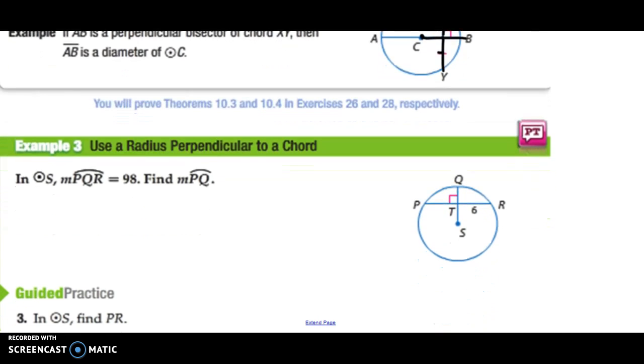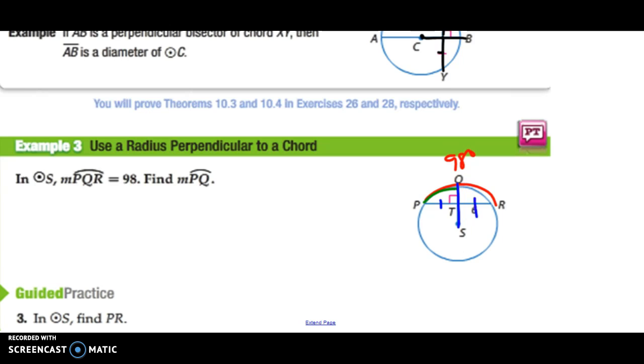Now, in this one right here, it says, in circle S, the measure of arc PQR, so this whole thing, go through all of it, is 98 degrees. Find the length of arc QP, or PQ right there, okay? Well, we just got done saying that if this is perpendicular, because it forms a 90-degree angle, this length is the same as this length.